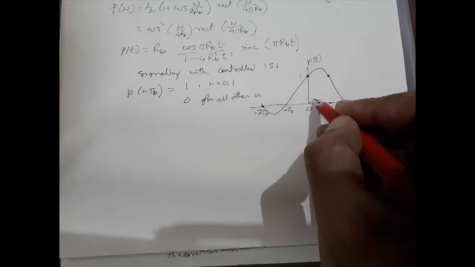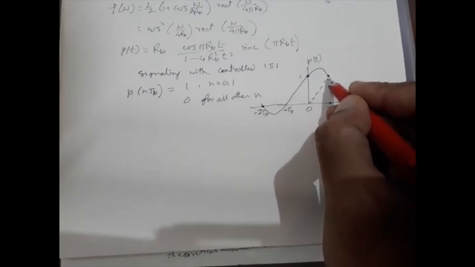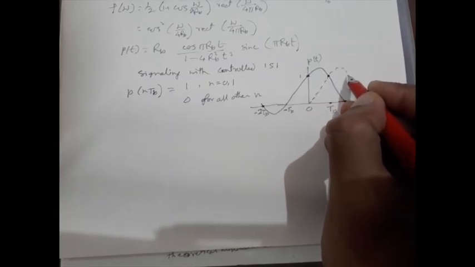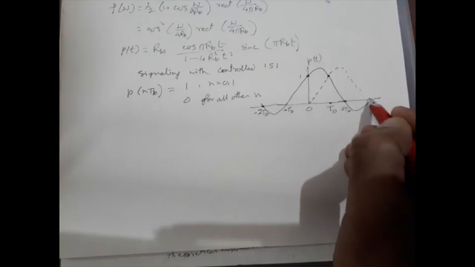Also consider another pulse, a similar type of pulse. So this one is again 1 here and 1 here and 0 here.